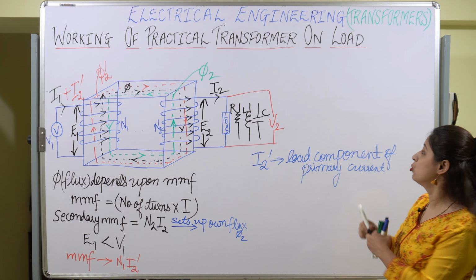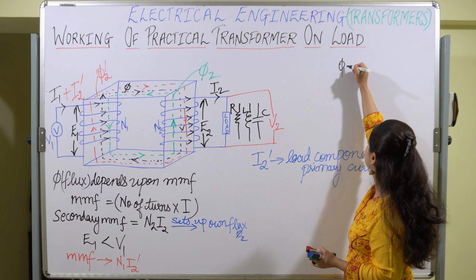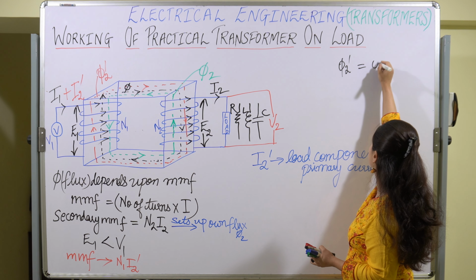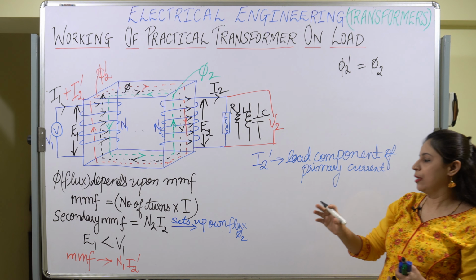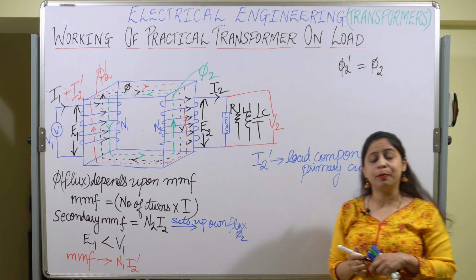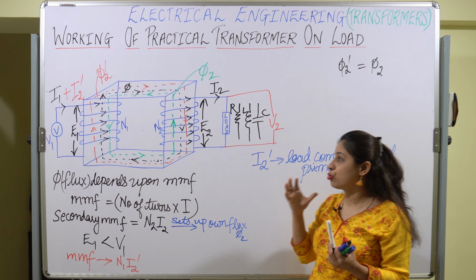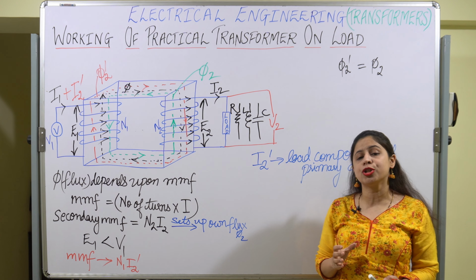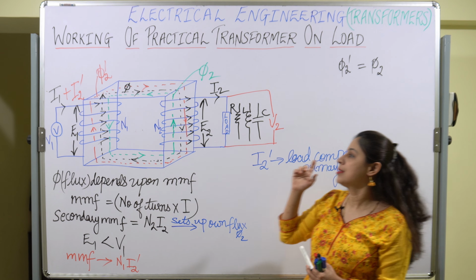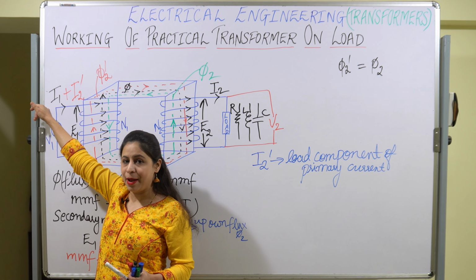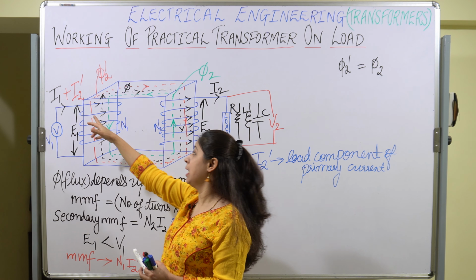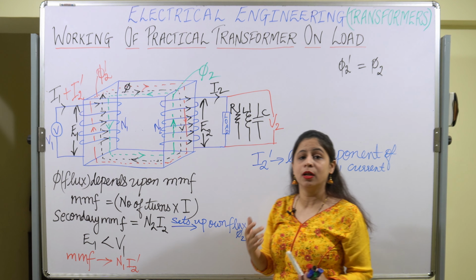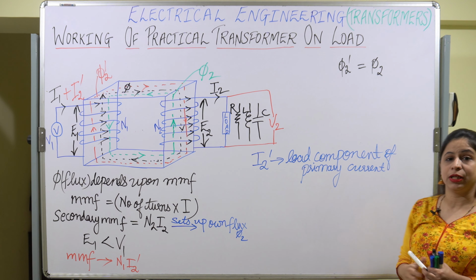Now let us find out the value of I2 dash, where phi 2 dash will be equal to phi 2. The primary current is constituted of two components. One is the main primary current I1, and second is I2 dash, which is the load component of the primary current.